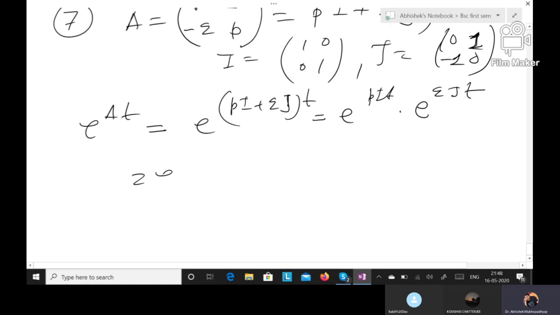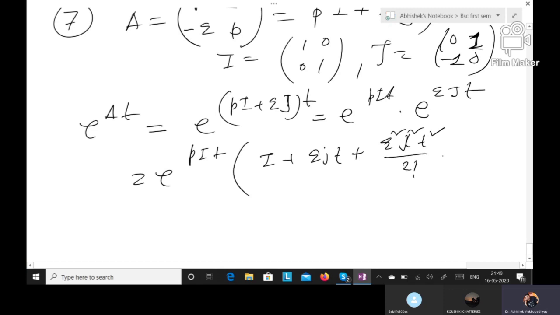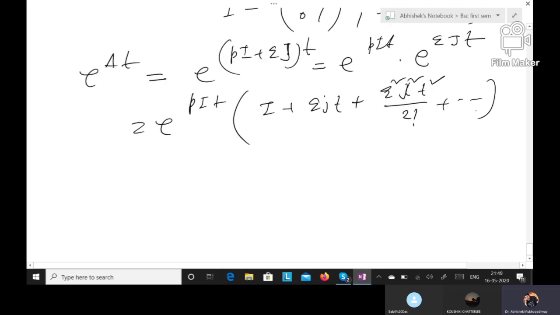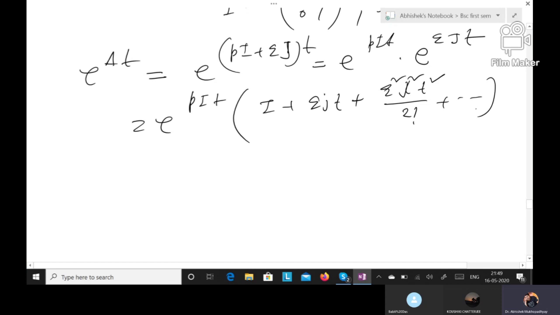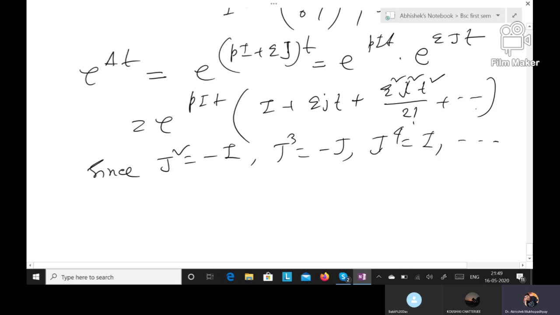That is e to the power pt into I plus qJt plus q square J square t square by 2 factorial and so on. Now since J square equal to minus I, J cube equal to minus J, again J to the power 4 equal to capital I and so on.